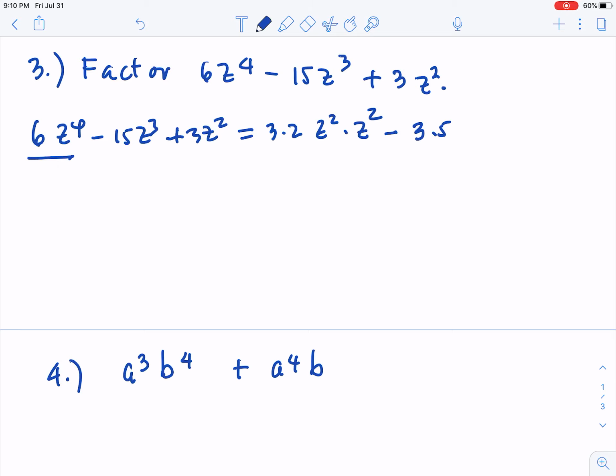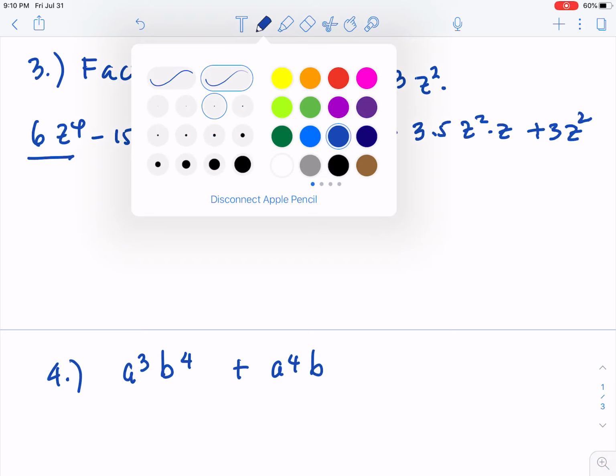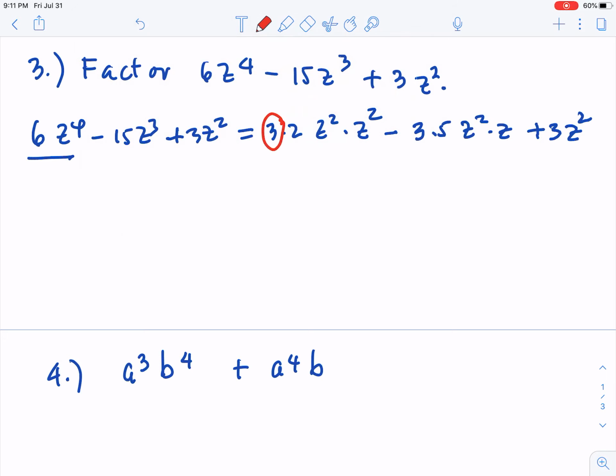Ang z cubed ay z squared times z. Ang sa dulo is plus 3 times z squared. Ano ang common? Common ang 3 tsaka z squared.